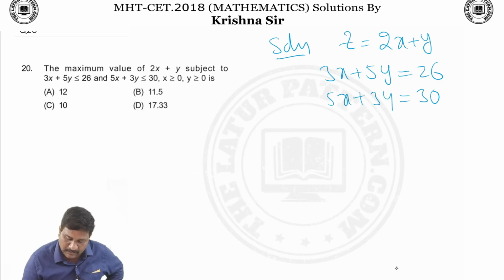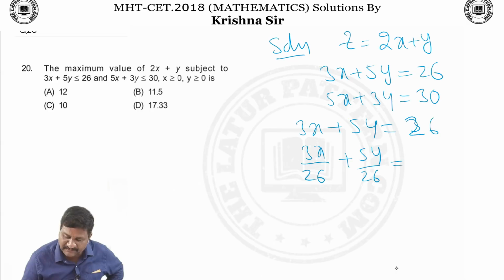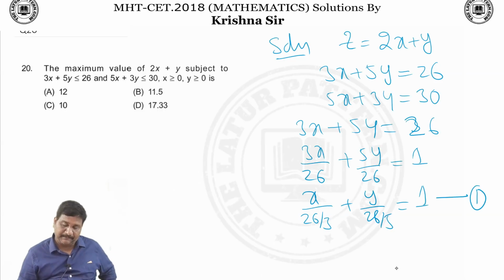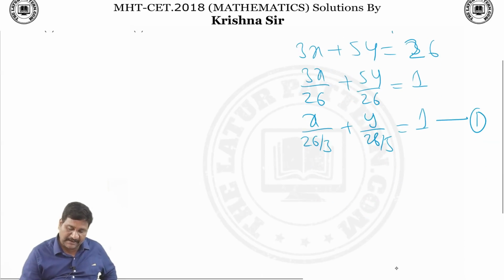Now 3x plus 5y equal to 26 can be taken as 3x upon 26, 5y upon 26 is equal to 1, and x upon 26 by 3 plus y upon 26 by 5 is equal to 1, equation 1. The first line.